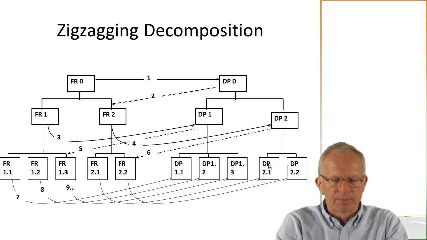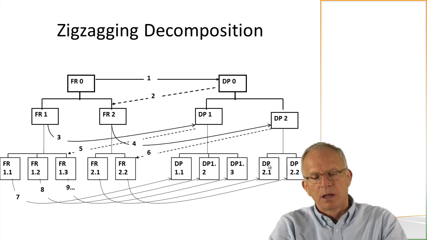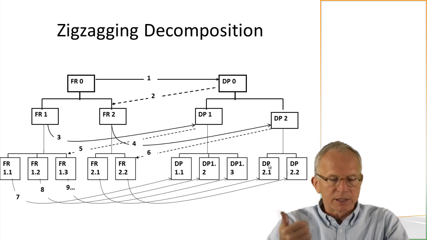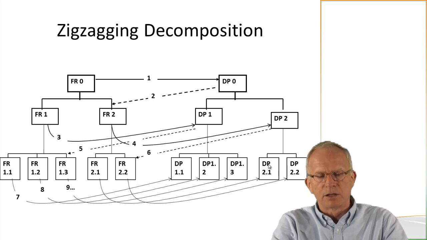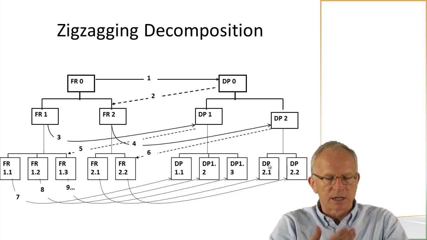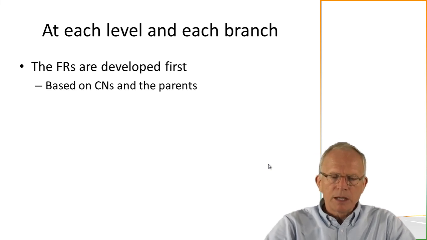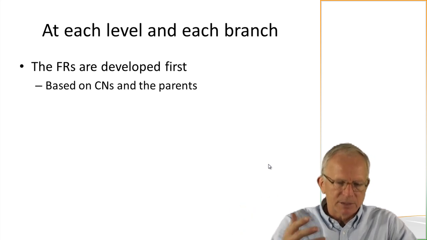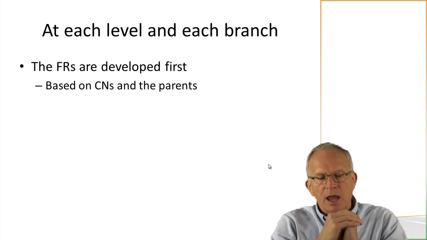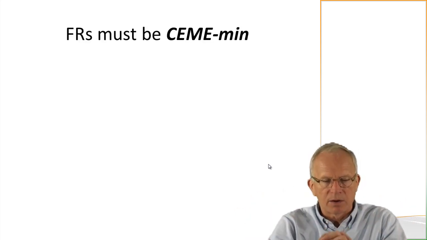Now, at each level there, we're going to be checking for compliance, and we'll see how to do that in a later one. Checking for compliance with Axiom 1, Axiom 2, and violation of the constraints as we select the DPs to satisfy the FRs, but we'll talk more about that later. So at each level in each branch, let's concentrate on the FRs for a moment, because they're going to be developed first, based on the CNs, of course, and what the FR parents are as we get down in the hierarchy.